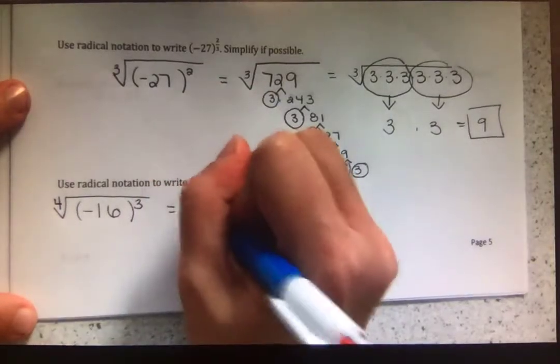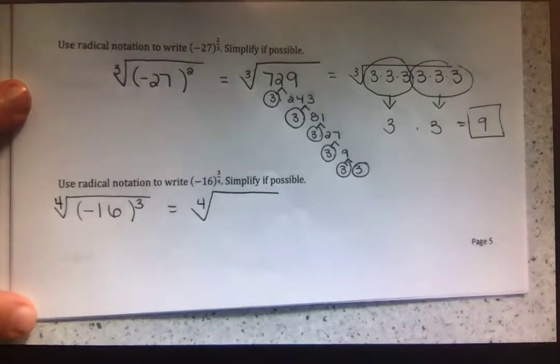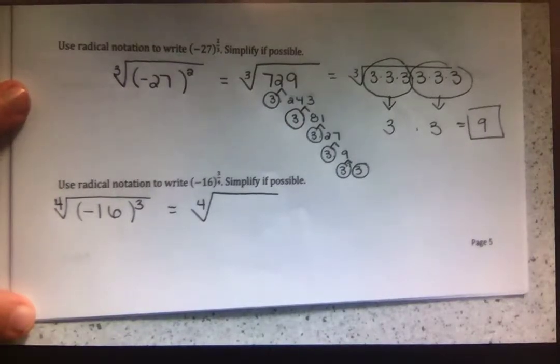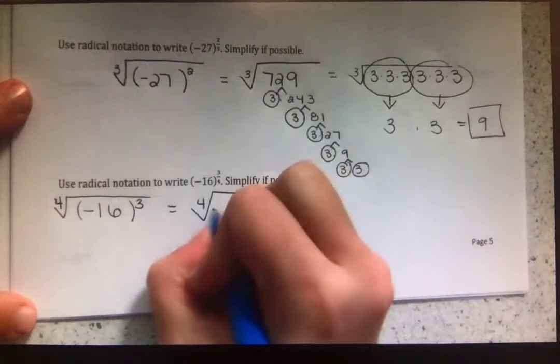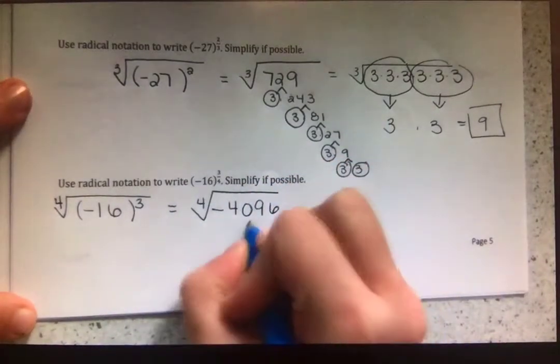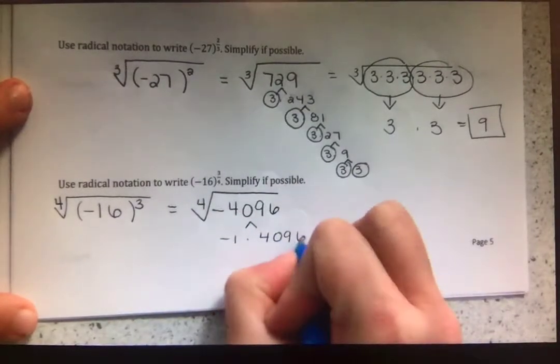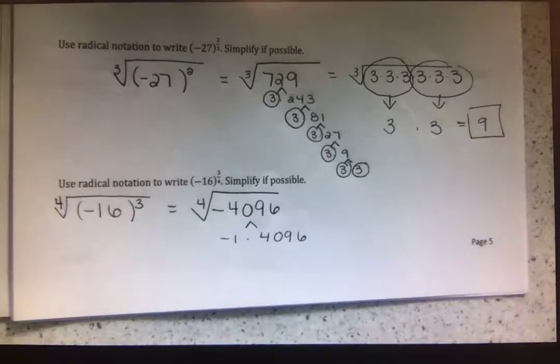So we have the 4th root of -16 cubed. So -16 times -16 times -16 will give us -4096. Starting off, we know we can break this down into -1 times 4096.